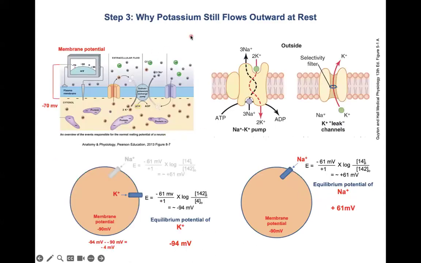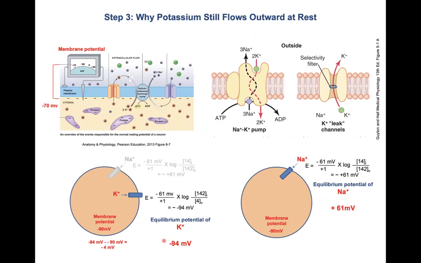Step 3. Why does potassium still flow outward at rest? Now, here is a subtle but important point. The actual resting potential of most cells is about minus 70 millivolts, not minus 90 millivolts. That means the membrane potential is slightly less negative than the potassium equilibrium potential.